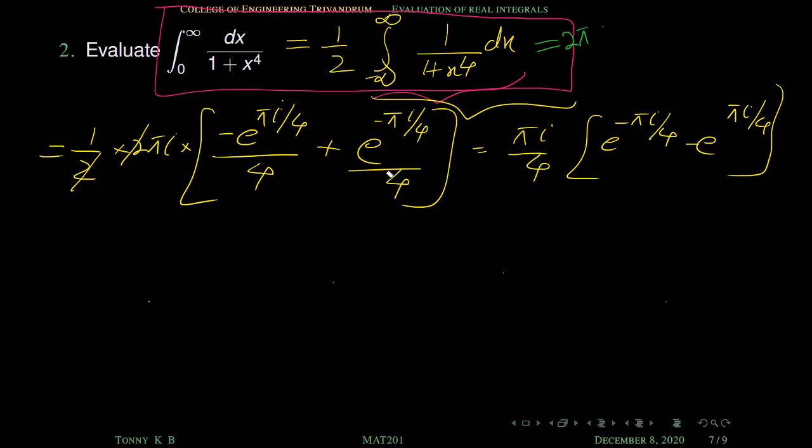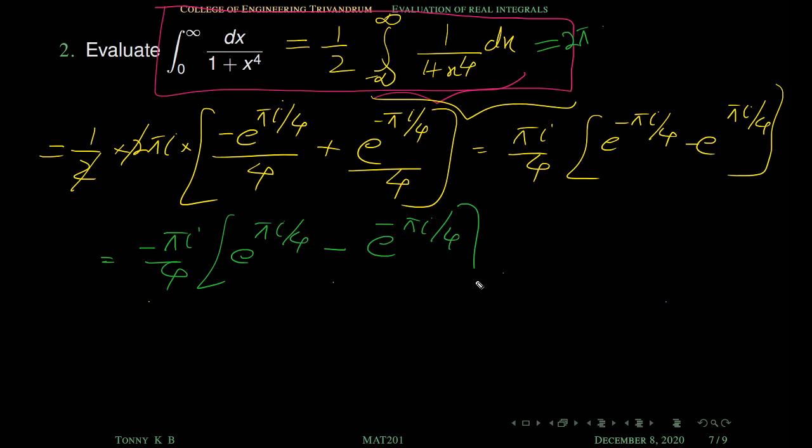So again we can rearrange this by taking a minus sign outside. So this becomes minus of pi I by 4 into e raised to pi I by 4 minus e raised to minus pi I by 4.